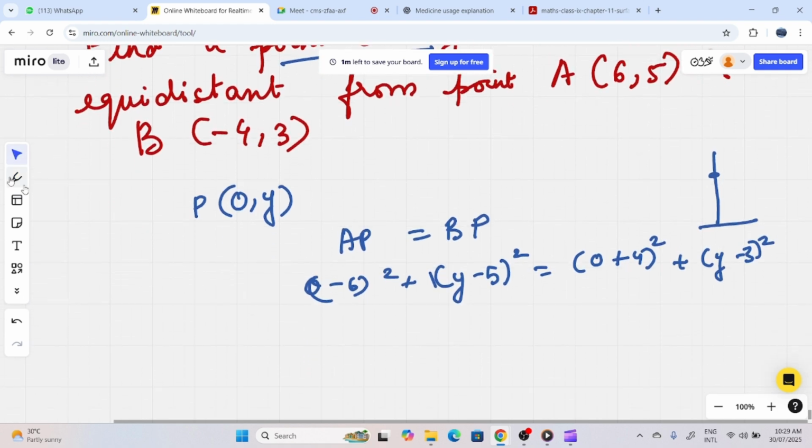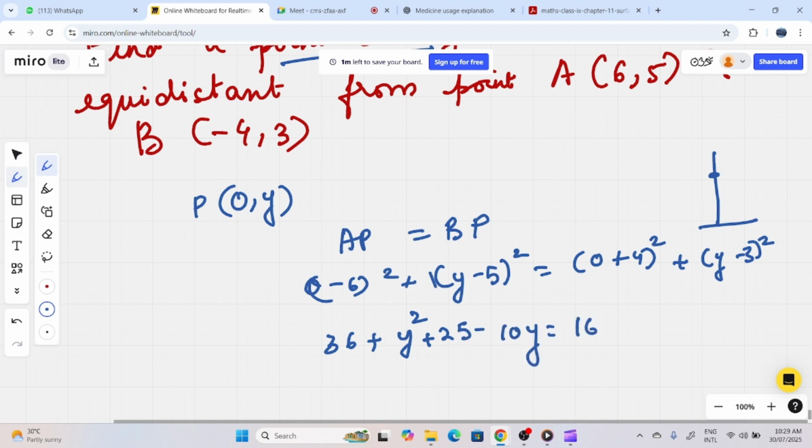So 36, okay. y square plus 25 minus 10y equal to 16. I don't know, does anybody have a problem or am I simply doing it?